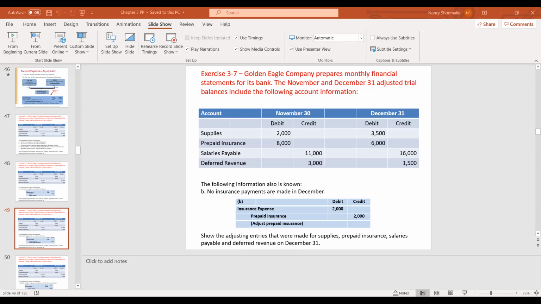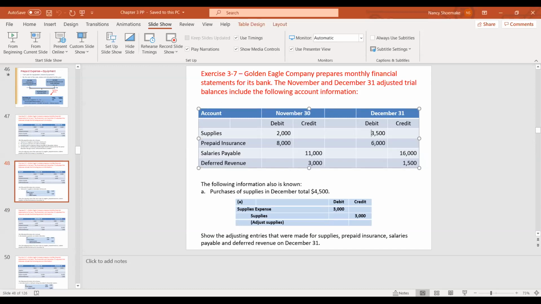We started it with 2,000, I believe. Let's just make sure. We started it with 2,000. We purchased $4,500 in supplies, if I remember correctly. Purchased supplies in December of $4,500. Okay. And our ending balance here shows 3,000, doesn't it? Let's just make sure. No, 3,500 was our ending balance.